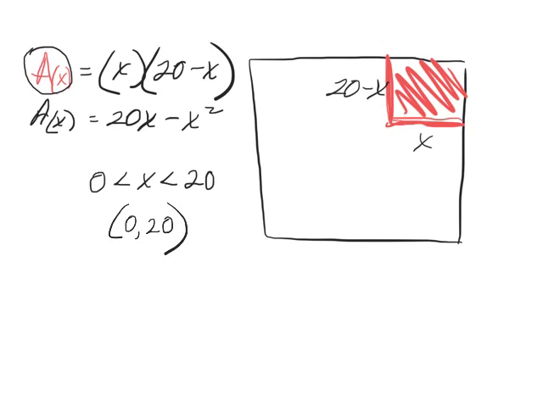So if x is 10, then 20 minus x also has to be 10, so that when you multiply those together, you get 100. I could have this x be 5, and then this would be 15. So then the area here would be 75. Well, that's pretty big, but if this were actually 10 by 10, I would get an area of 100.